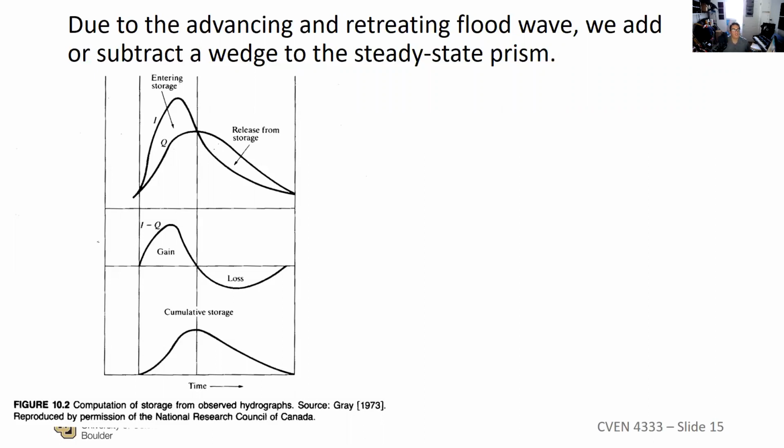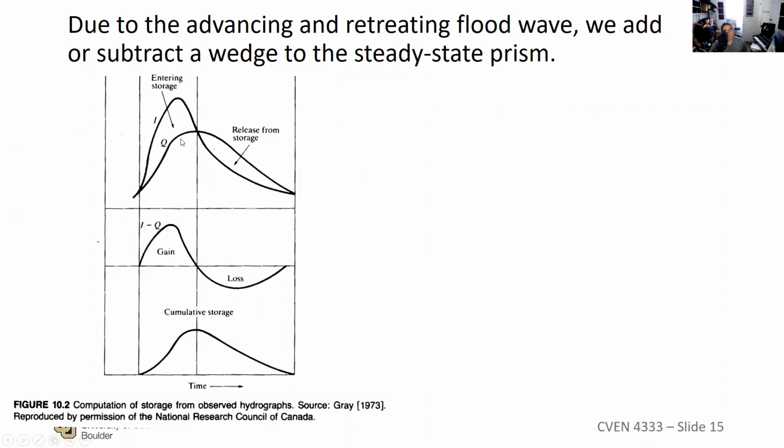So there are two big conditions that occur in that famous inflow outflow graph that we always look at. You can compare the magnitude of the inflow and the outflow coming in. There's a period of time when there's more water coming in than going out, and so the amount of storage is increasing.